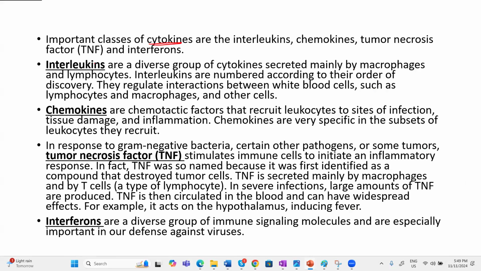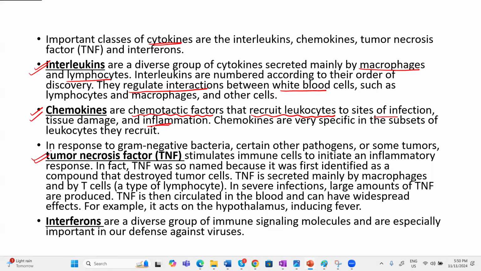Now, important classes of cytokines. One is interleukin, which is secreted mainly by macrophages and lymphocytes, and they regulate interaction between WBCs. Then are chemokines. Chemokines are chemotactic in nature, and their work is to recruit lymphocytes or leukocytes to the site of infection, during inflammation.